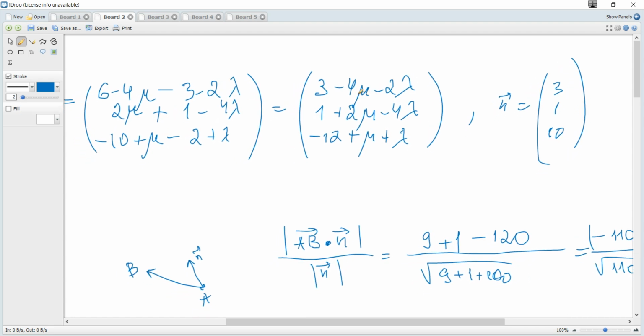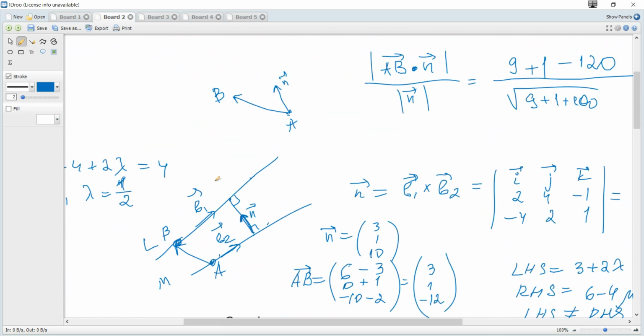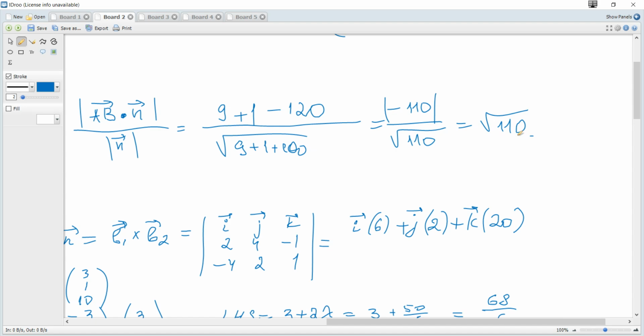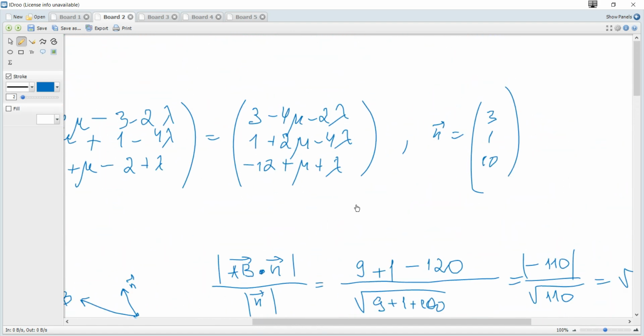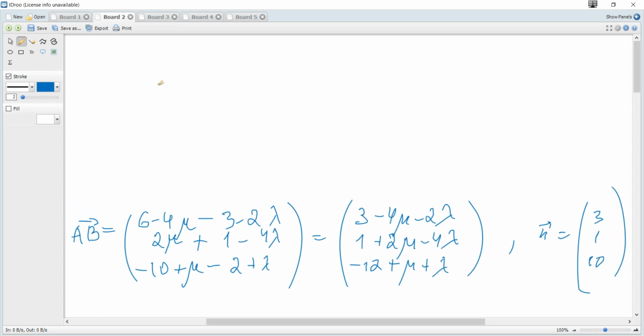If you know mu and lambda, you know the required vector AB, which will be the shortest distance, and hence we will find the length of AB, and we should get the same root of 110.